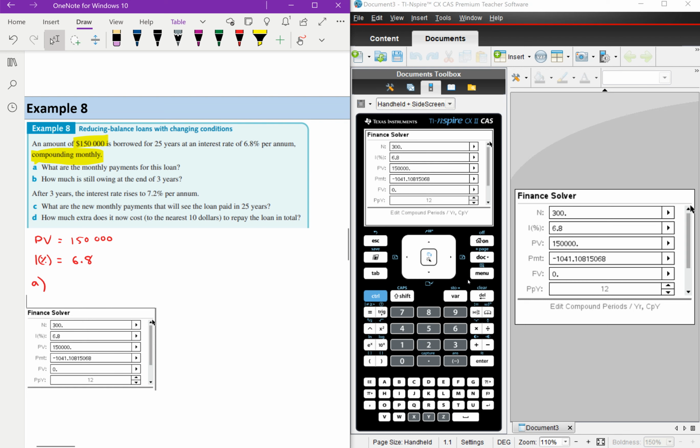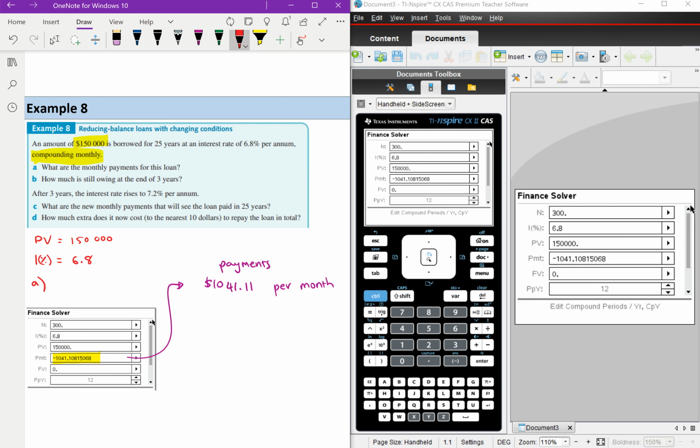So we now know the payments. Payments are clearly this much. So this is how much I would be paying back. I am paying every month, in this case, $1,041.11 per month. Okay, so that's my payment.